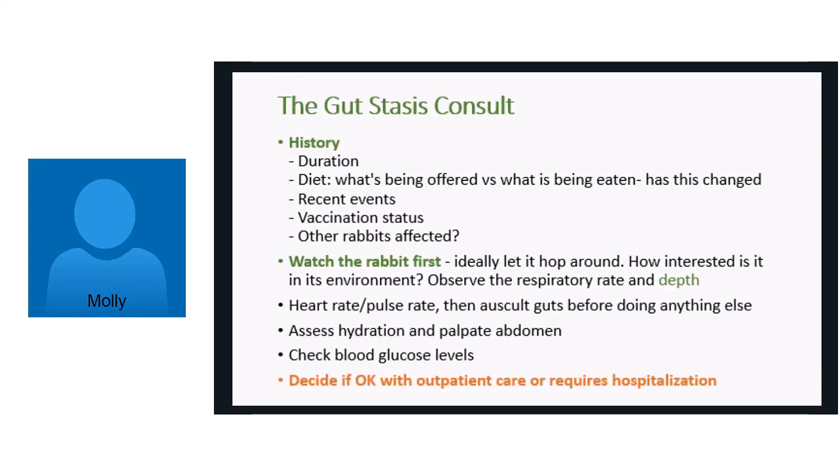And then at that point, because I know that if the guts are not moving, these rabbits can become dehydrated quite rapidly, I will assess the hydration status, I'll palpate the abdomen, I'll be looking for dilated viscera, areas of tension and pain, and I will then, at that point, think about checking blood glucose levels and trying to make an initial assessment of whether that animal is an outpatient potentially, or whether we need to keep these guys in hospital.